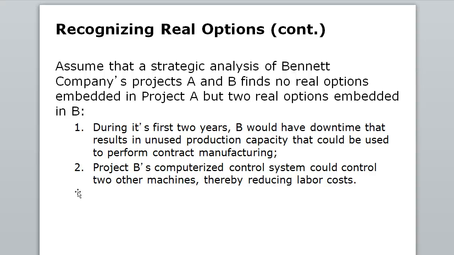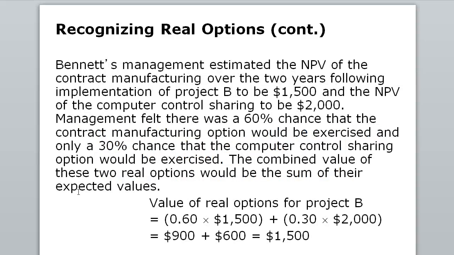And B, the computerized control system that controls the two machines for Project B, we're able to utilize for other machines, reducing our labor costs. So Project B has these special benefits compared to Project A.